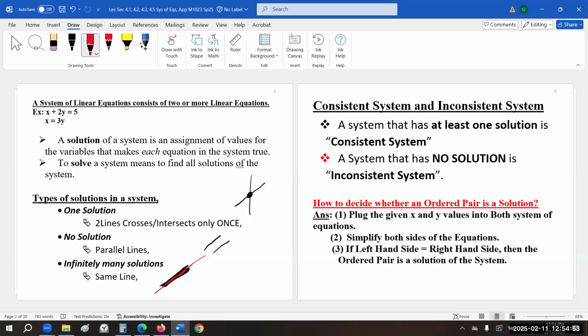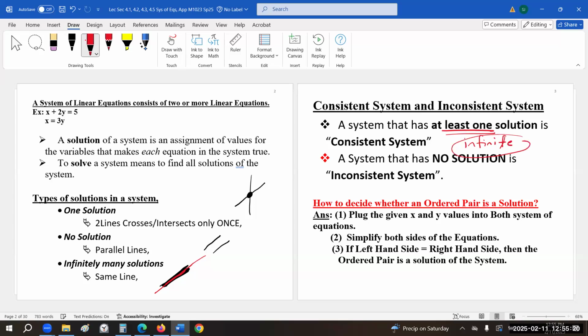Now, when we do have a solution, we call them consistent system of equations. For example, when we have either one solution or infinite solution.